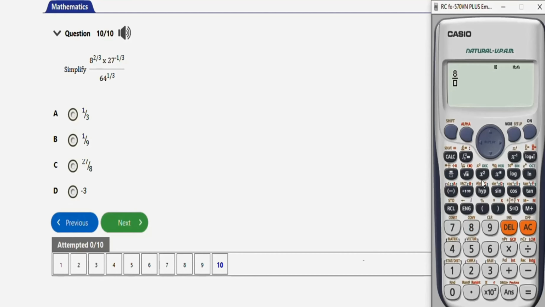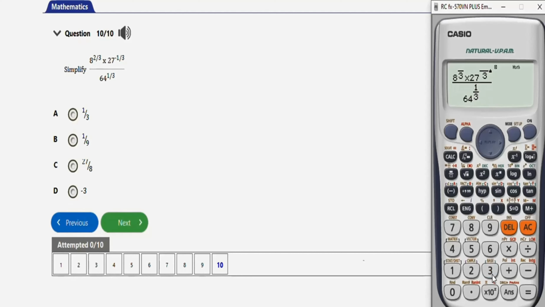We have 8 to the power, in fraction, 2 over 3, times 27 to the power, in fraction, minus 1 over 3, over 64 to the power, in fraction, 1 over 3.